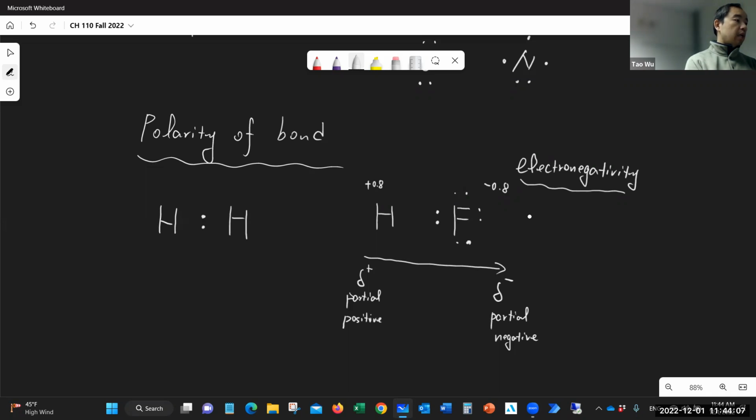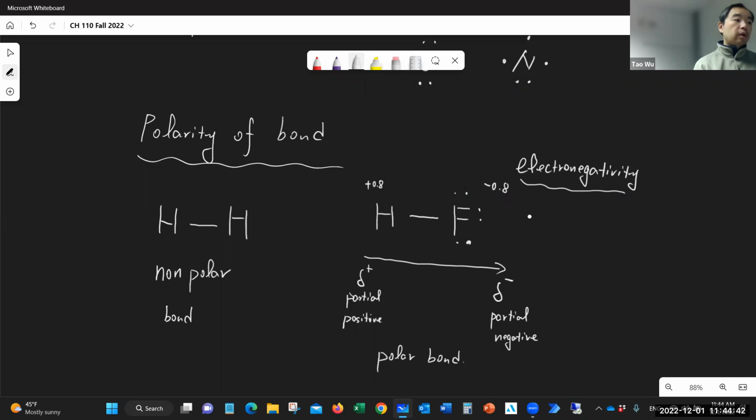But for this hydrogen molecule, there's no polarity, so we call this nonpolar. The bond shown over here we call a nonpolar bond, but the bond between hydrogen and fluorine here we call a polar bond. Nonpolar bond and polar bond.